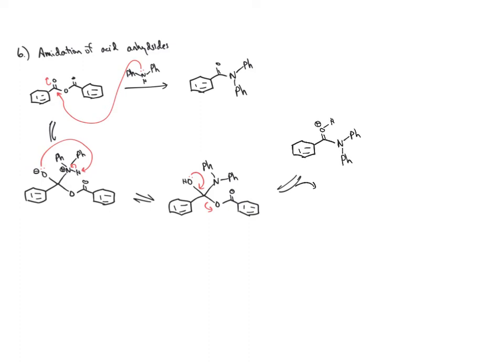Right, so benzoate is our leaving group, stabilized by the resonance from the carbonyl. And we have this protonated amide species, and of course this protonated amide species can become deprotonated to give you, of course, your amide product.